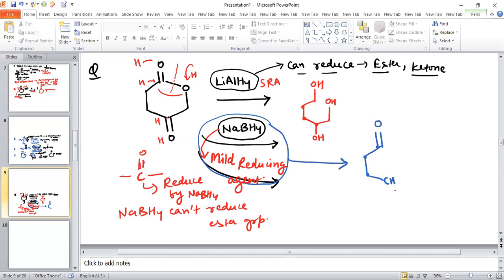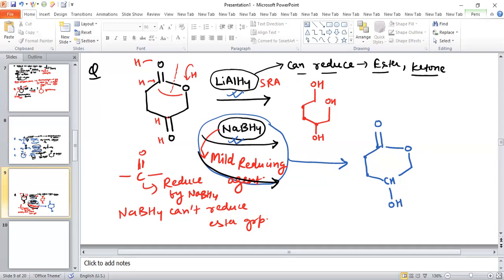The ketonic group will be reduced, but the ester group will remain the same. So this is the product obtained when we use NaBH4 as a reducing agent, and this is the product obtained when we use lithium aluminum hydride as a reducing agent.